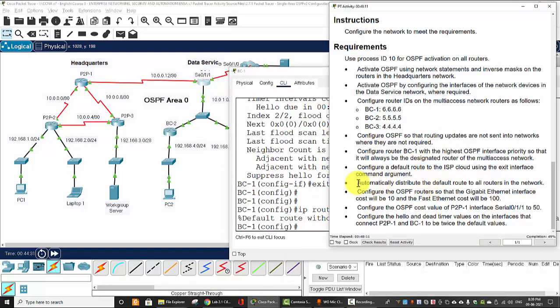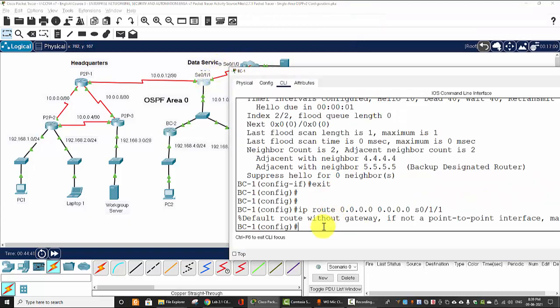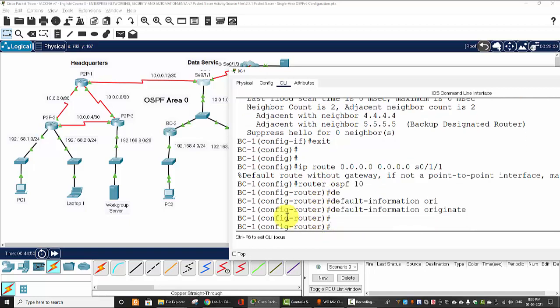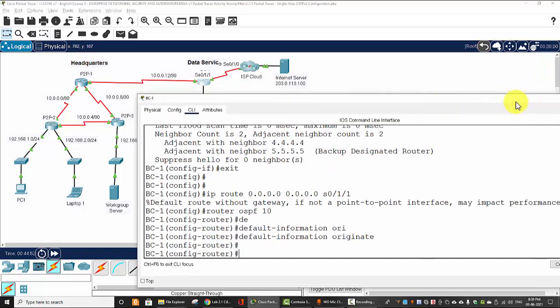Next, we will configure BC1 to automatically distribute the default route to all routers in the network. So I enter router OSPF 10 and we enter default-information originate.